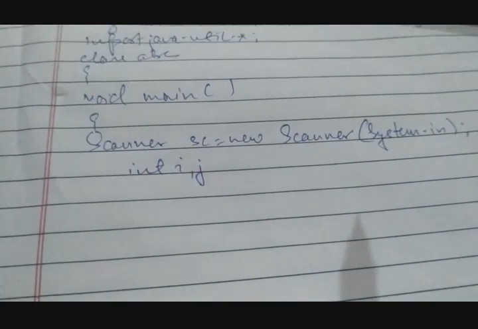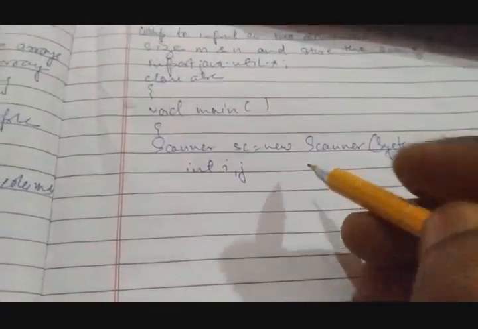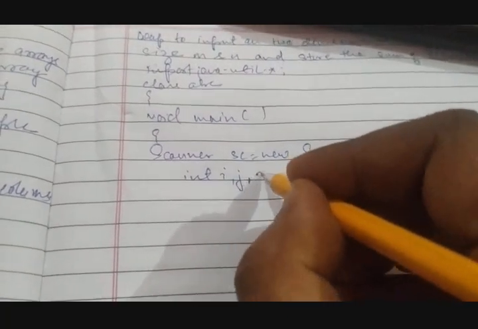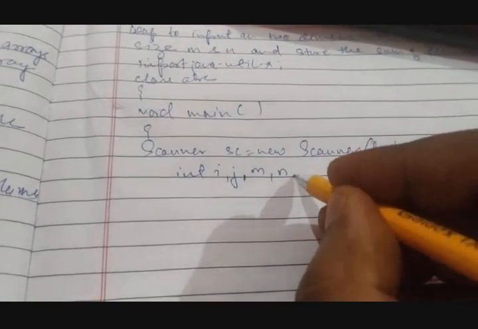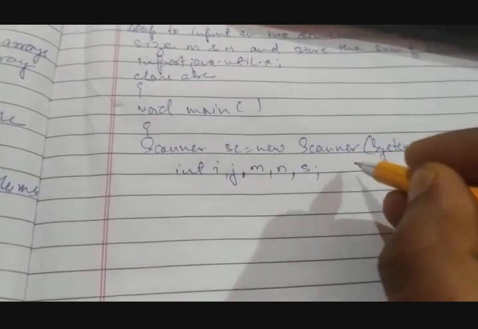Now what are the requirements here? First of all, you require two loops, i and j, as I said previously. Then you require m for the rows and n for the columns, and you have to find a sum. So sum s equals 0.